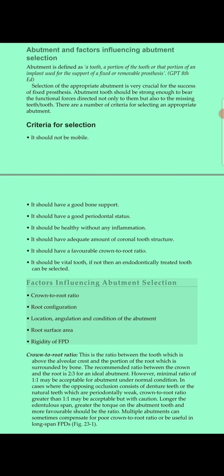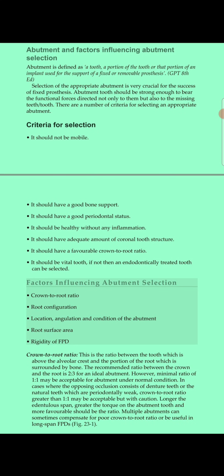Now come to the criteria for selection of abutment. It should not be mobile. It should have good bone support. It should have a good periodontal status. It should be healthy without any inflammation. It should have an adequate amount of coronal tooth structure, meaning crown. It should have a favorable crown to root ratio.